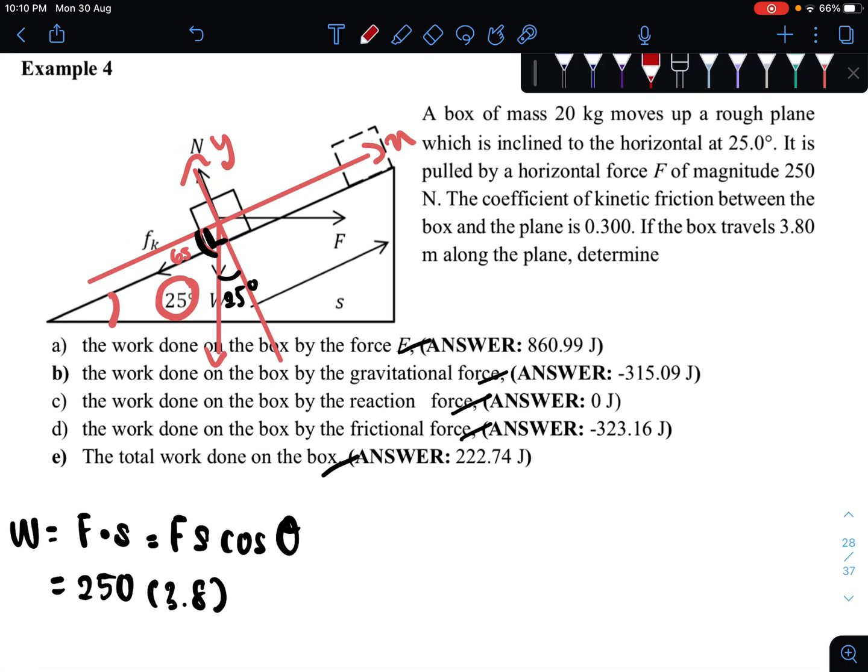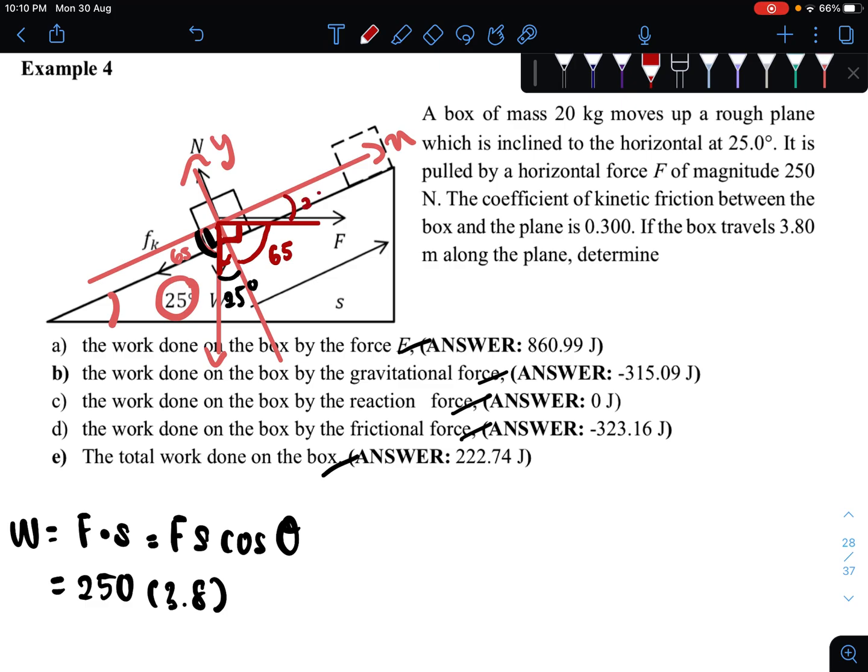Okay, and then look here, the F and the W here make another 90 degrees. If this part here is 25, then the angle between the y-axis and the force becomes 90 minus 25, which is 65.